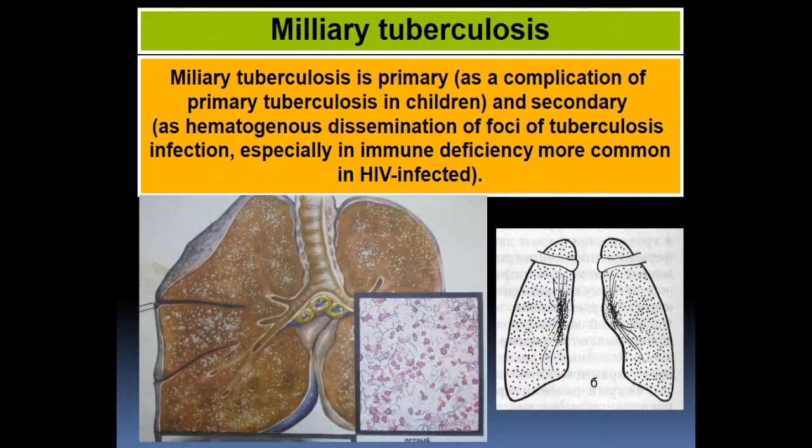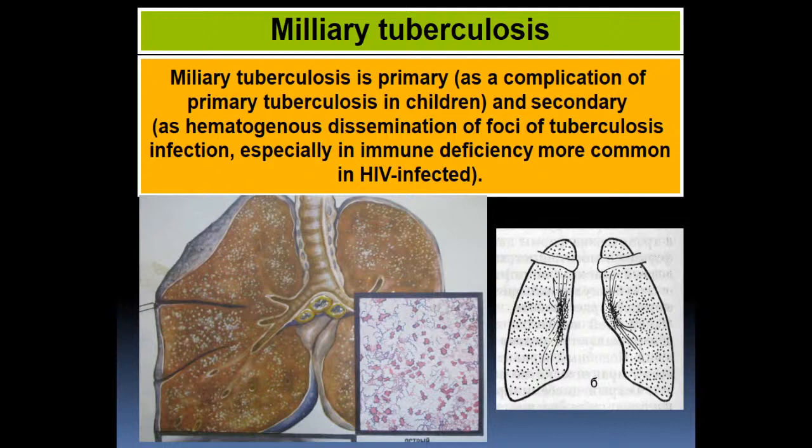Miliary tuberculosis is primary as a complication of primary tuberculosis in children, and secondary as hematogenous dissemination of foci of tuberculosis infection, especially in immune deficiency, more common in HIV-infected persons. That's why this form can be primary, but more often forms as a secondary form of TB.